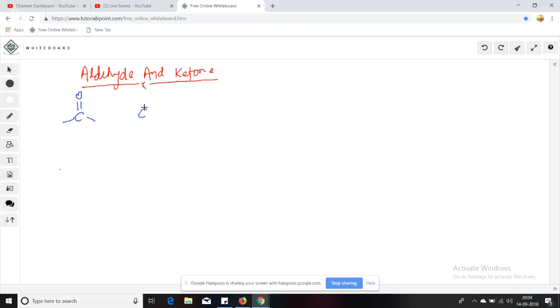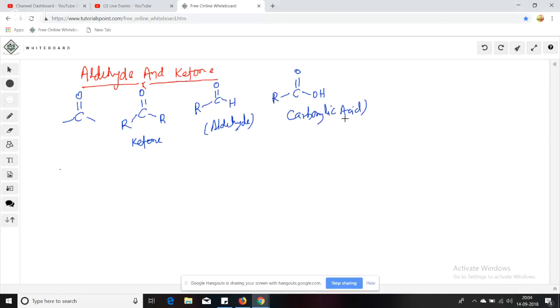If I write C double bond O and attach R on both sides, this gives you a ketone, a basic thing. If I write hydrogen on one side, RC double bond O H, this becomes an aldehyde. And RC double bond O OH is a carboxylic acid.